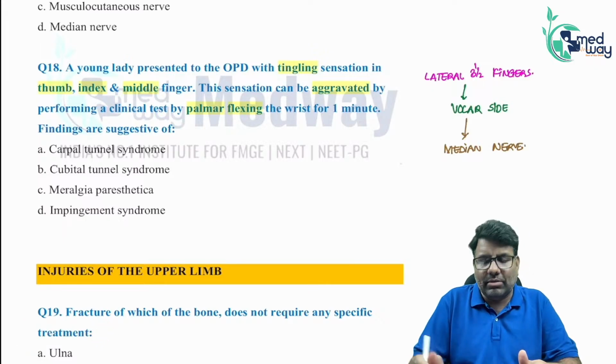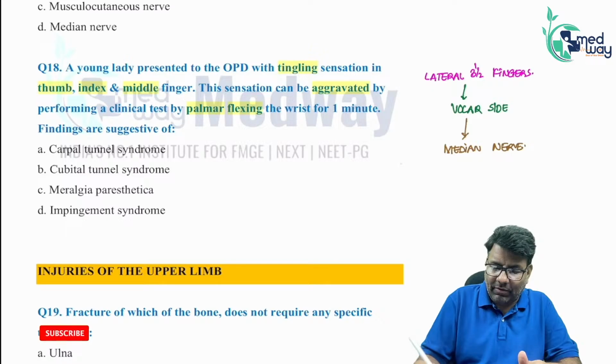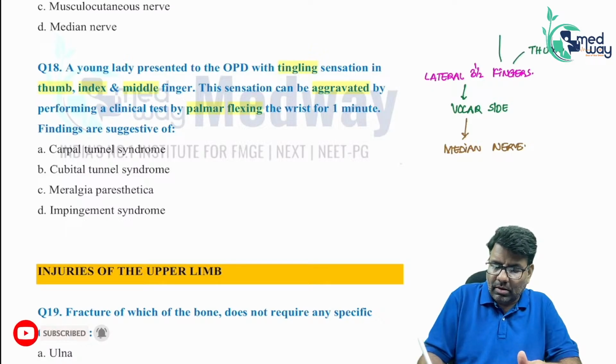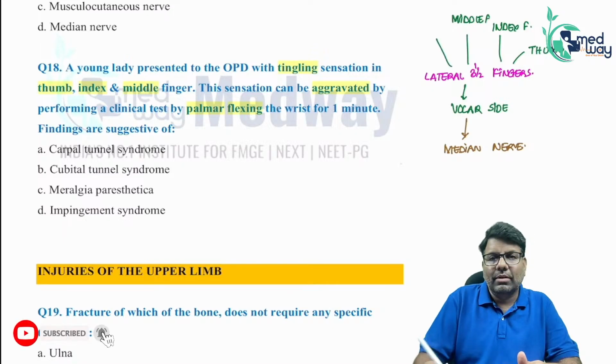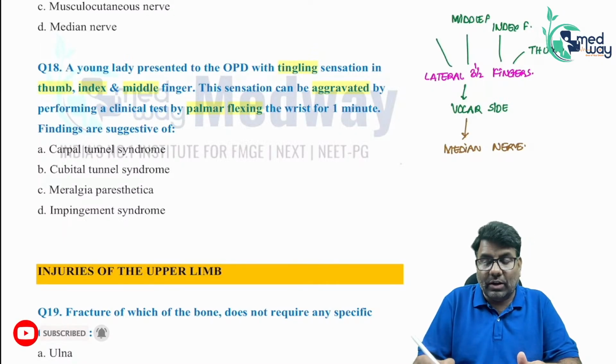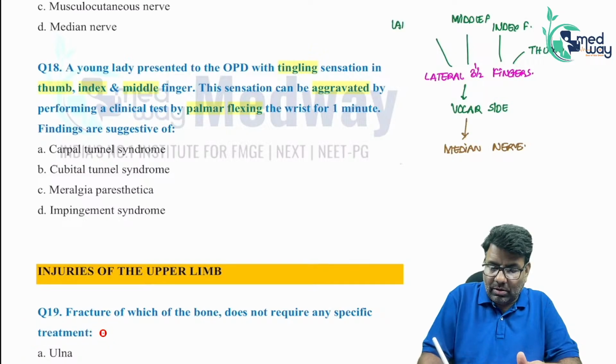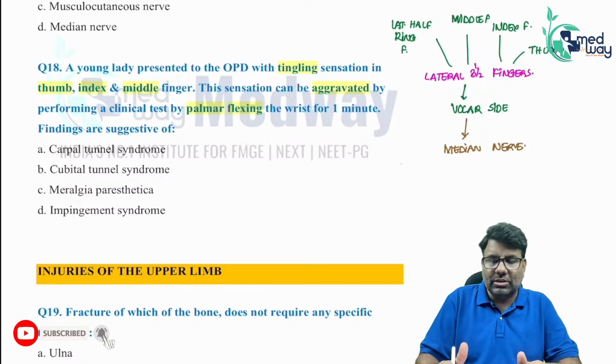When I say lateral 3.5, it includes the thumb, index finger, middle finger, and the lateral half of the ring finger. Clear? So this is 3.5.